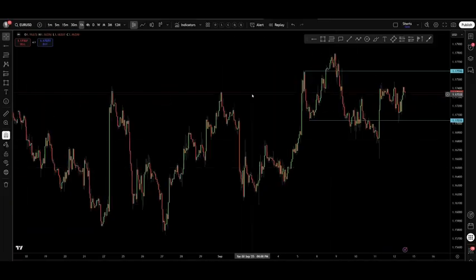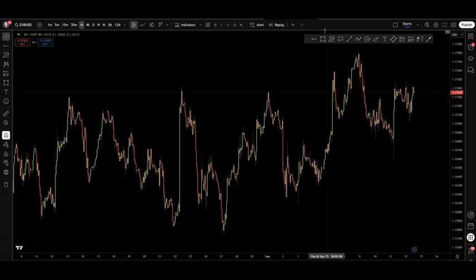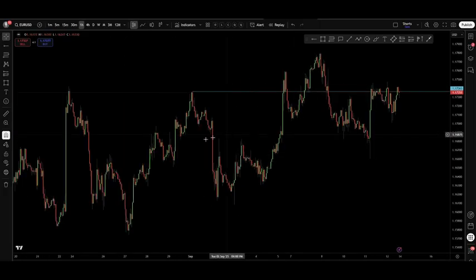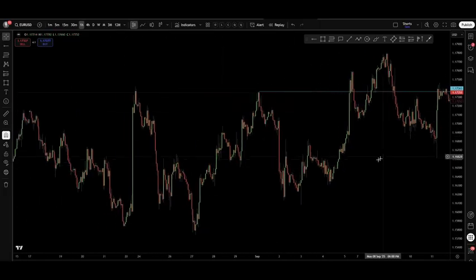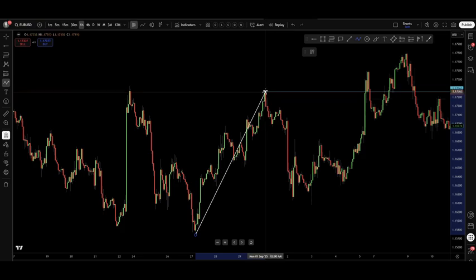It could sell off, but it's still premature. So the point is, the proper way to have looked at this would have been, all right, let's mark out these highs. This is a high. Keep in mind what I was saying, right? That's the highest high of this uptrend.